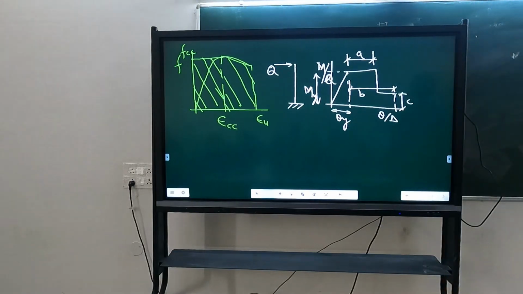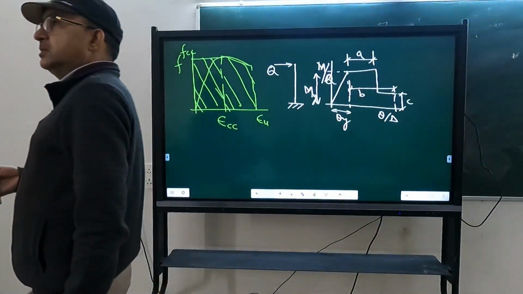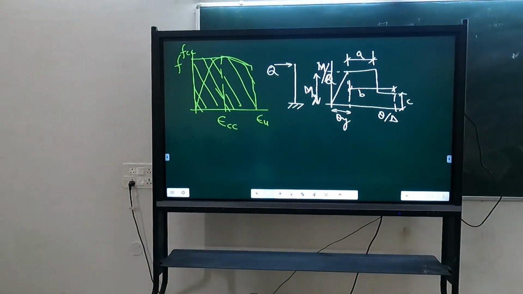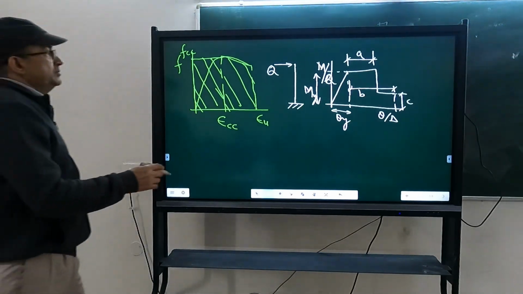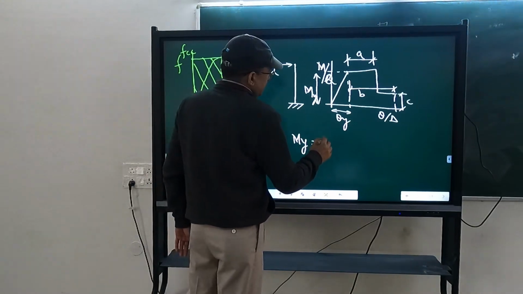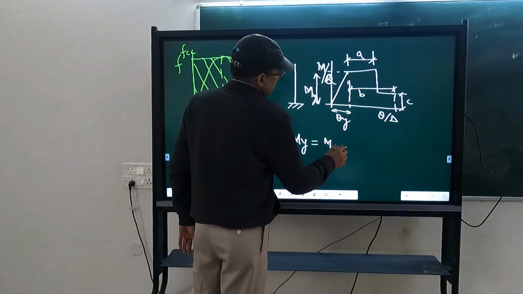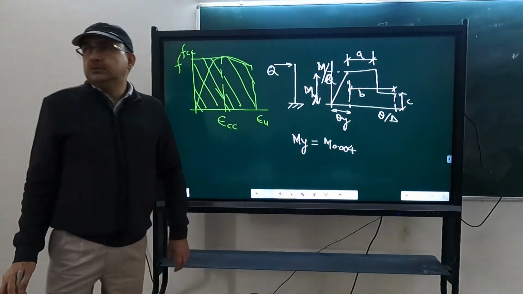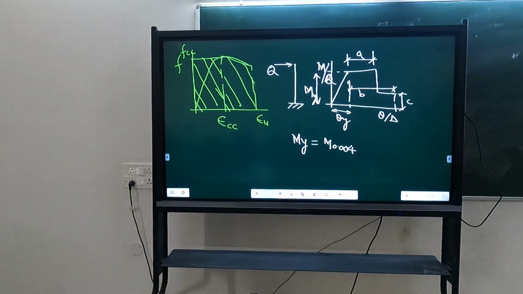From section analysis. So my, you will first get my dash. You will divide it by 0.75, or you calculate the moment capacity at concrete strain of 0.004. So this my you can also take as M 0.004.